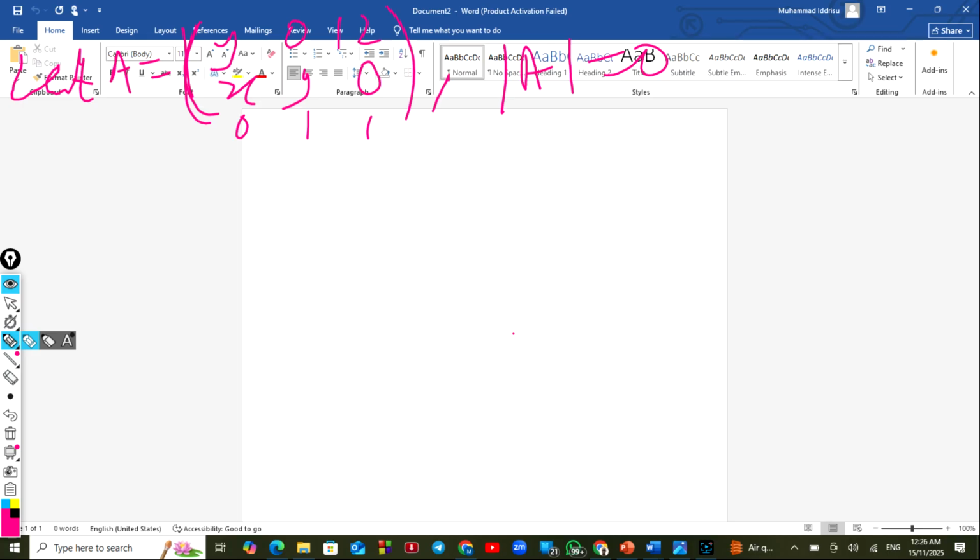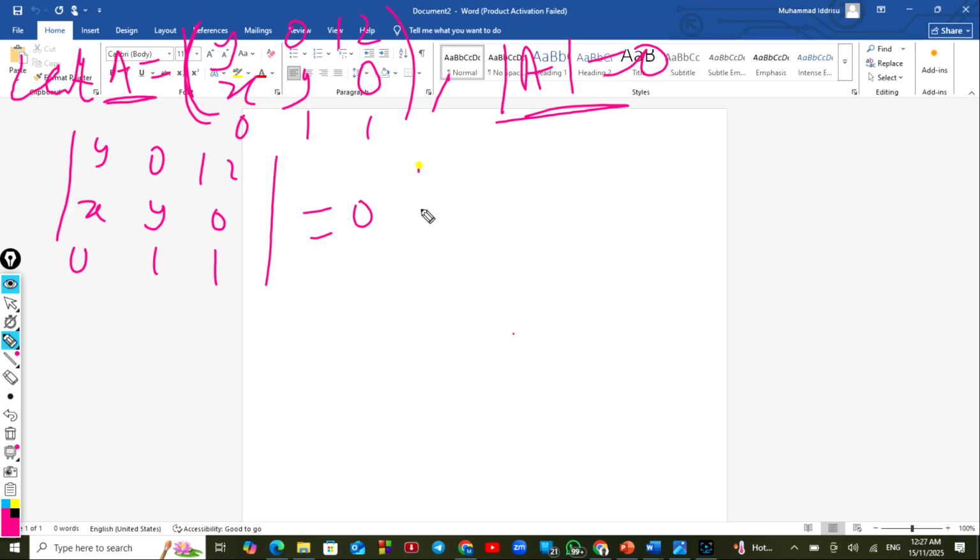Let's look at the first part. We are going to show that the determinant of A, the matrix with rows y, 0, 1/2; x, y, 0; 0, 1, 1, is equal to 0, a parabola.